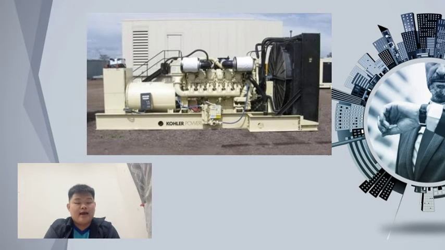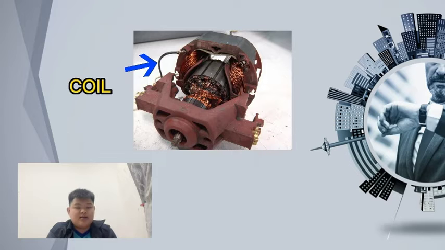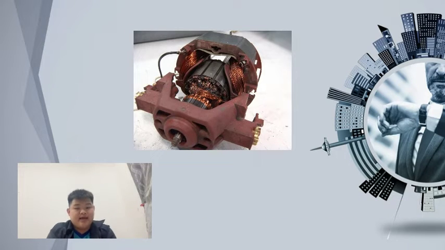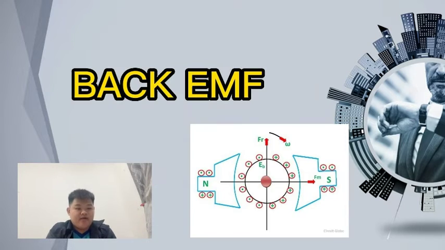One way to analyze this is to realize that rotating electrical machines also work like generators. A motor has a coil that is rotated in a magnetic field, which induces an electromotive force. This electromotive force, also known as back EMF, opposes the applied voltage that originally caused the motor to rotate and reduces the current flowing through the coil.